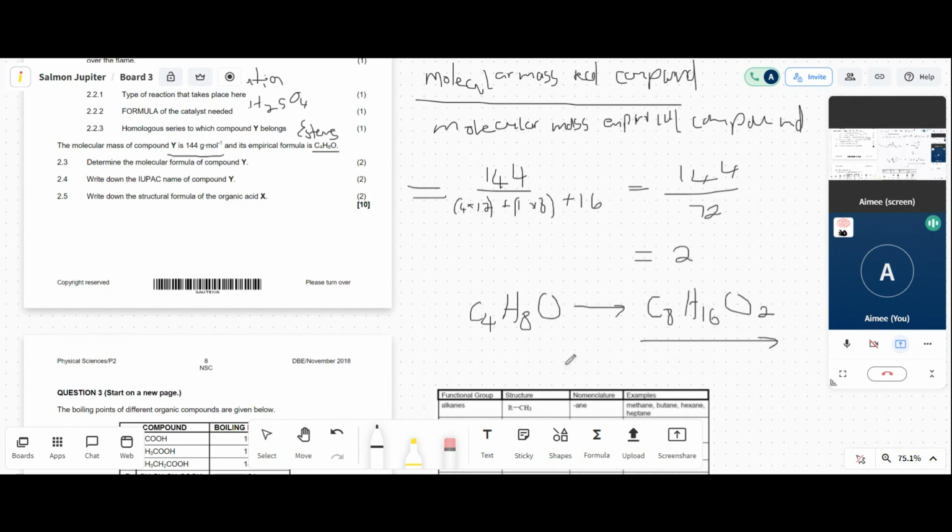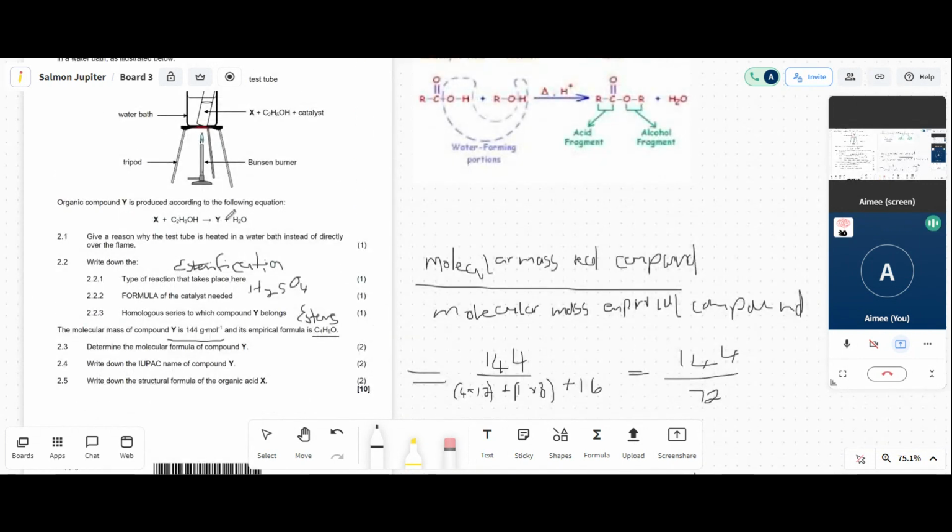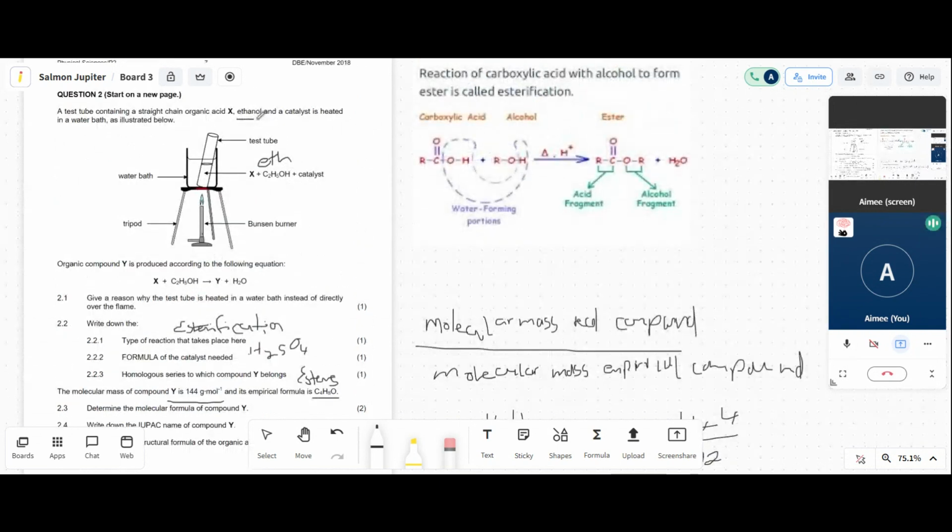The next question says, write down the IUPAC name of compound Y. So you obviously know that compound Y is going to be an ester. And you know that you are combining an alcohol that has 2 carbons, which is ethanol, which they've already given you.